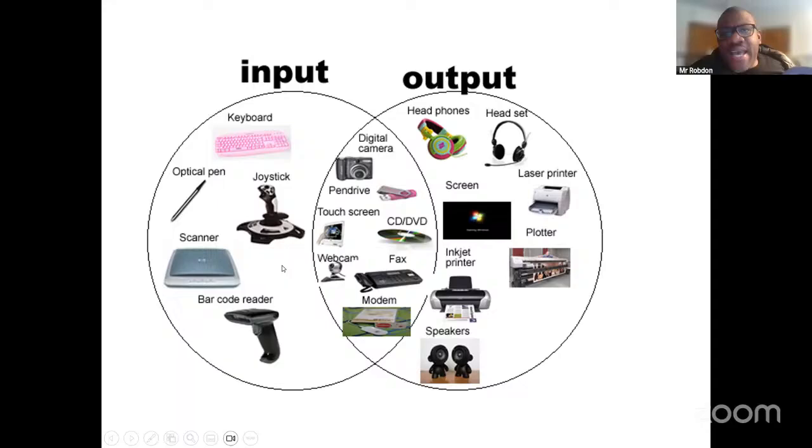Let's now look at primary storage devices. We spoke about these earlier already.